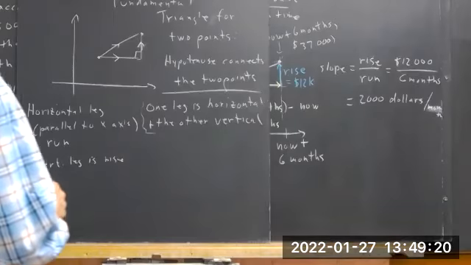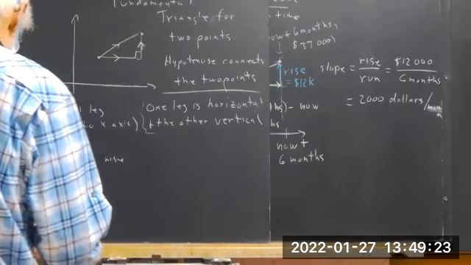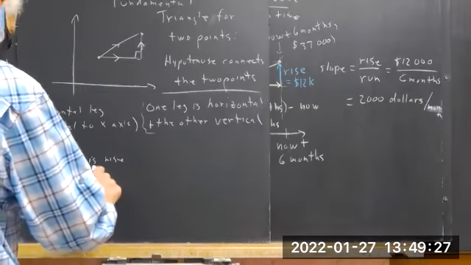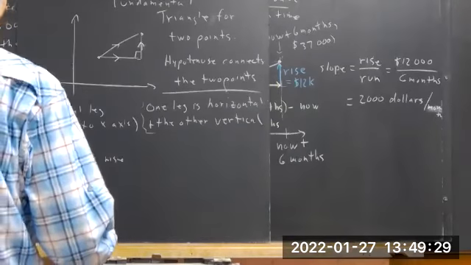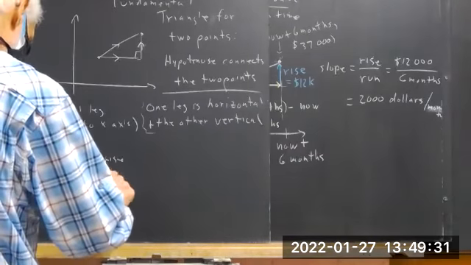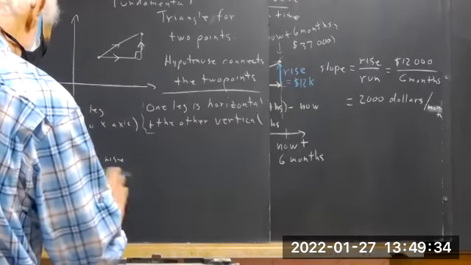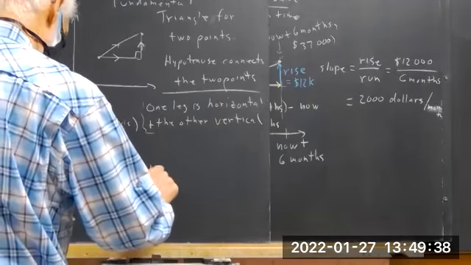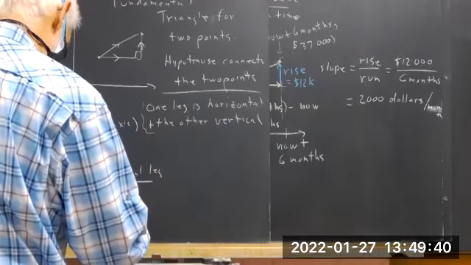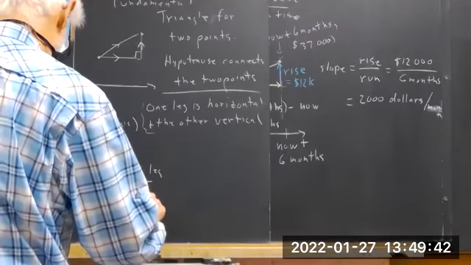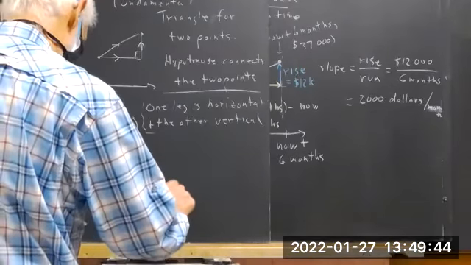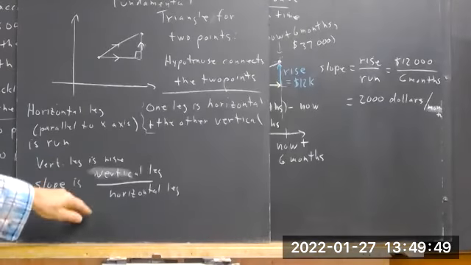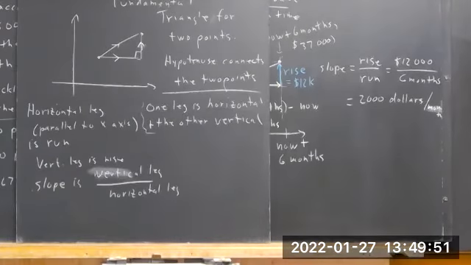Okay, well, slope is your vertical leg divided by your horizontal leg.